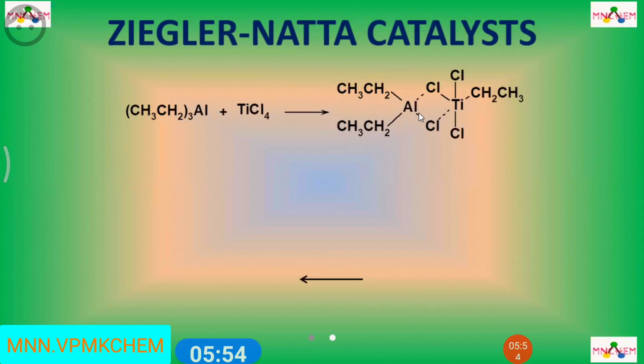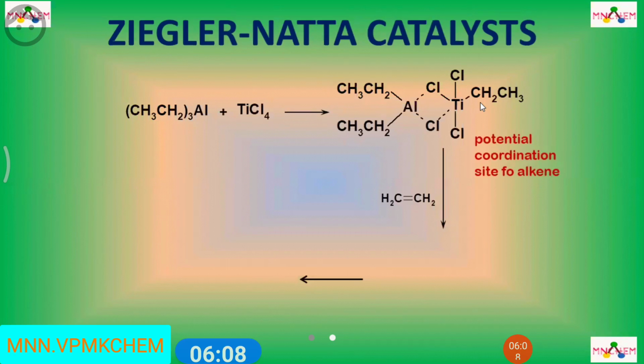In this, we can see one of the ethyl groups is transferred to this titanium tetrachloride. And now this is our active catalyst or catalyst surface. This is a potential coordination site for the alkene. This titanium can bond here to the alkene.